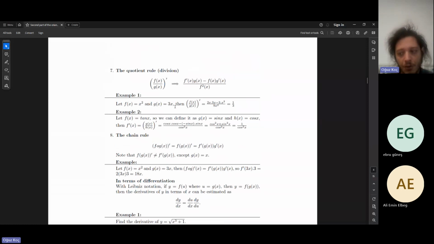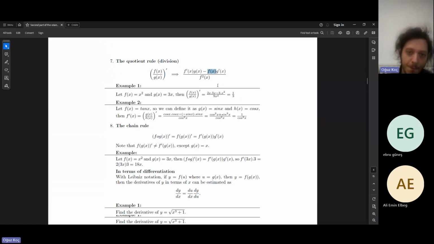In order to calculate the derivative of these functions when they are divided, it is simply equal to the derivative of the first function times the second function itself, minus the first function itself times the derivative of the second function, over the second power of the second function. It's simply calculated like this.